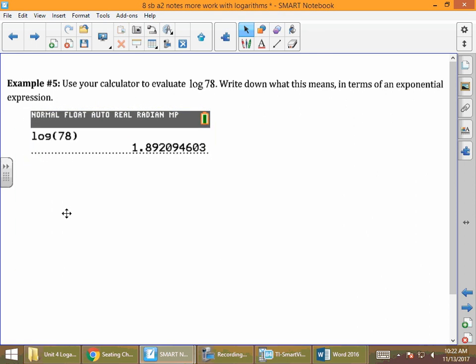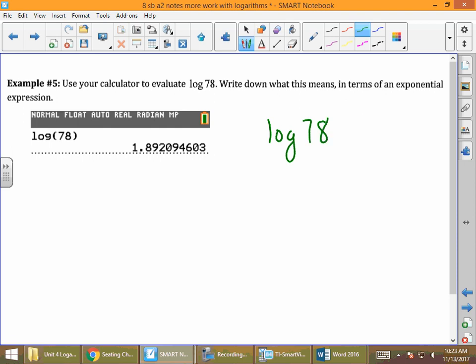When we're actually using our calculator to find this, what it means is that we've got log of 78. It's actually log base 10. And I know, I just said we didn't have to write it down, but if it isn't written, it's understood to be 10. And then we can put in equals x.